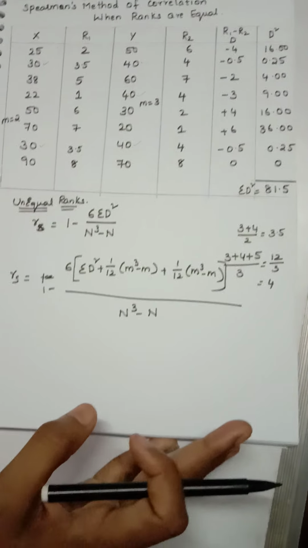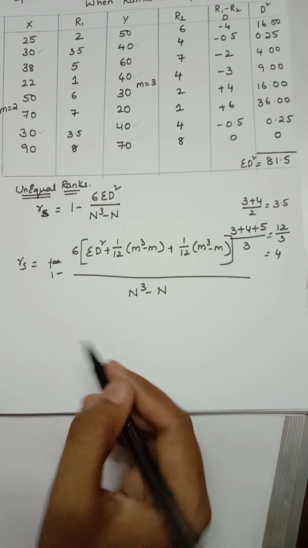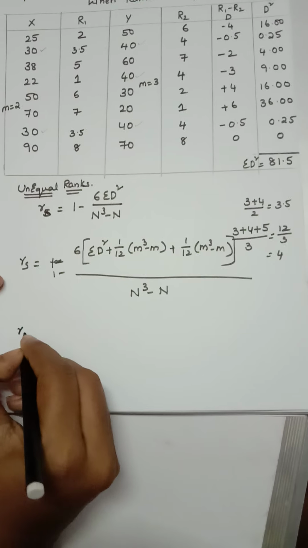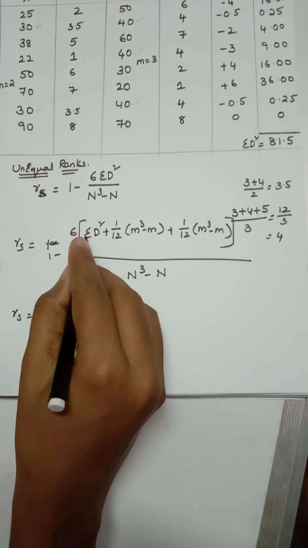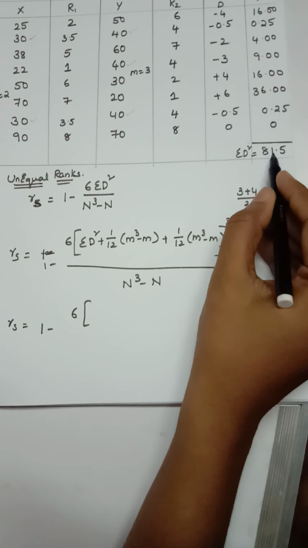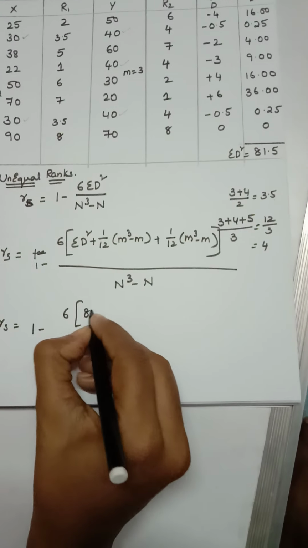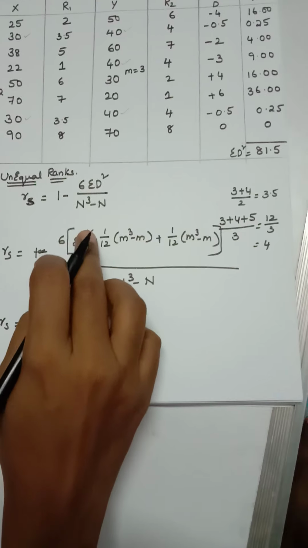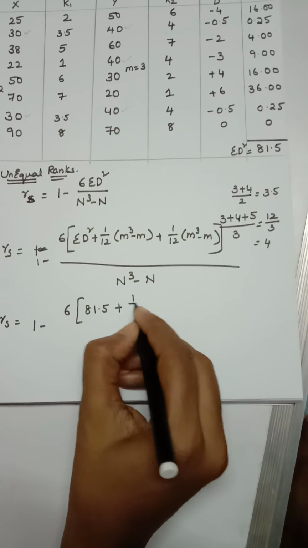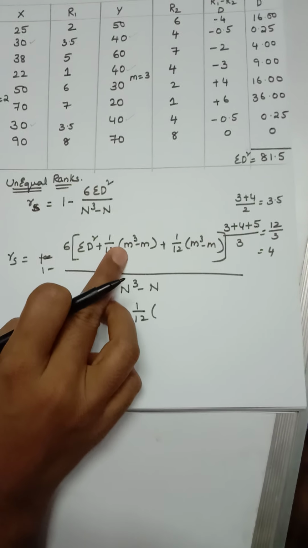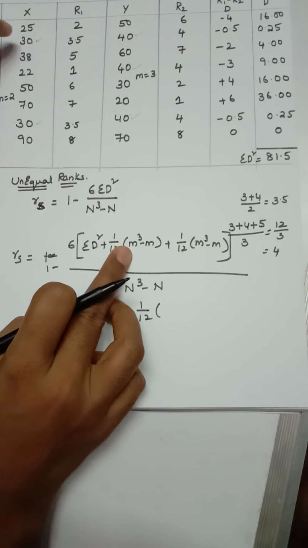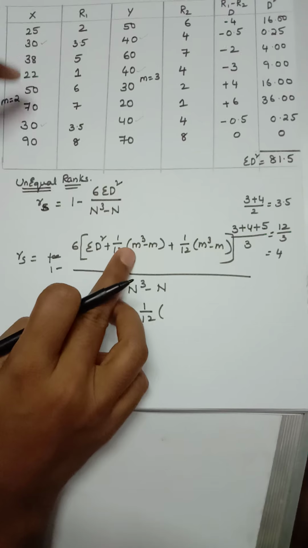Coming to the substitution of the values in the formula, RS is equal to 1 minus 6 of, what is the summation d square? 81.5. 81.5 is the summation d square plus 1 by 12. What is the m value in the X series? 2. Why 2? Because 30 is repeating twice only.